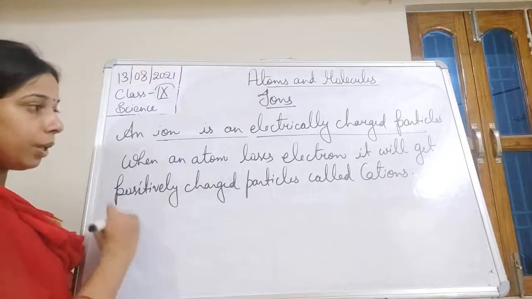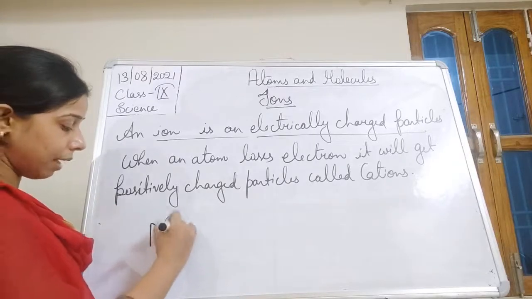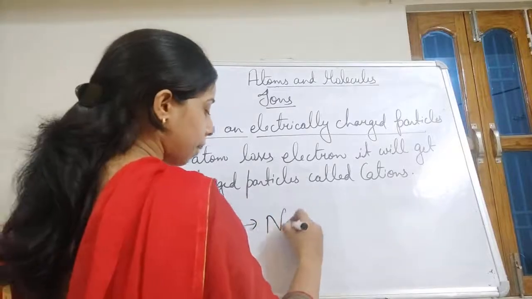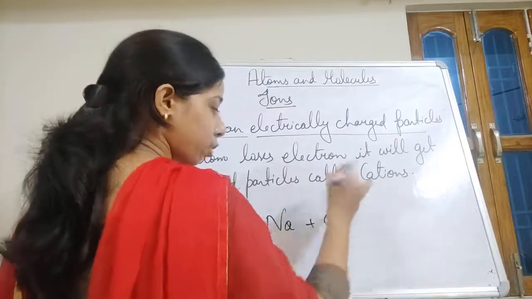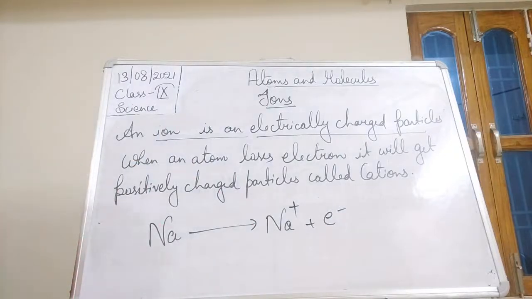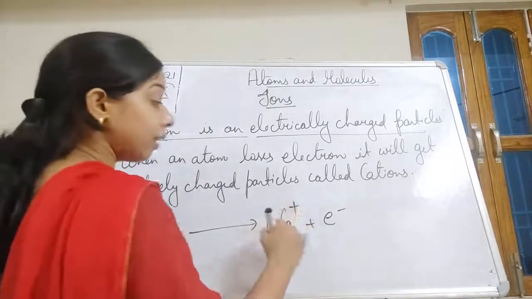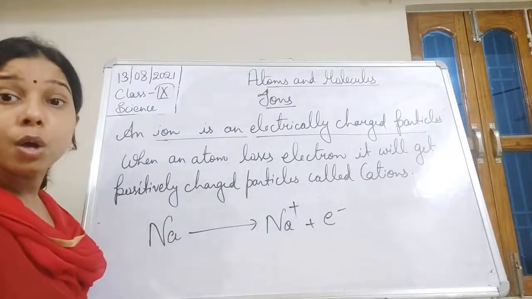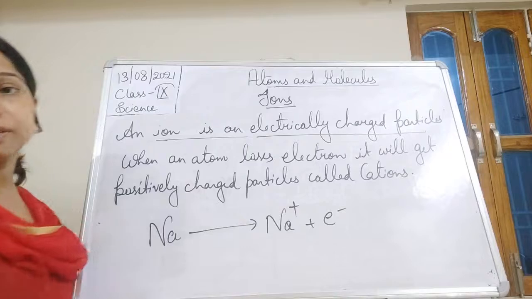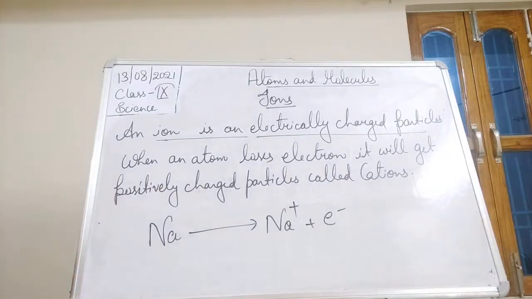So we can say here, suppose Na is there, and suppose it loses the electron, it will become Na+. One electron is lost by the Na, so it will become Na positive. So here sodium is actually a sodium ion, which we also call a cation, because the positively charged particle is a cation only.